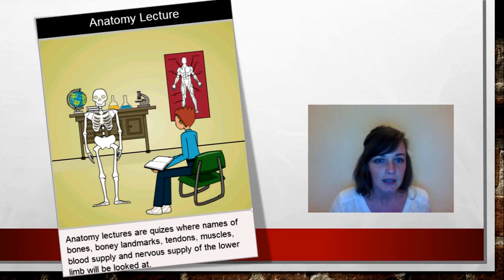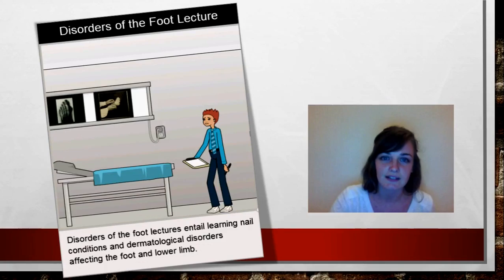So there'll be matching different muscles with pictures and filling in the blanks, and these will be points based so that you can go onto a leaderboard and compare yourself to your friends, see how well they did in each of the games. So in anatomy it'll be things like the bones, bony landmarks, tendons, muscles, the blood supply and the nervous supply that we'll be looking at, bearing in mind not in detail.